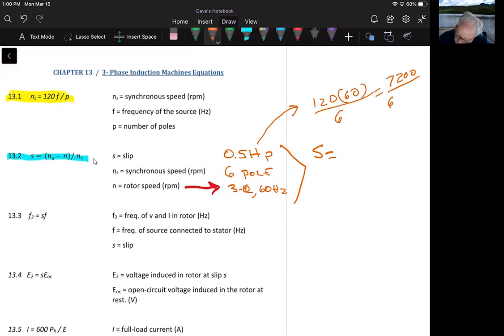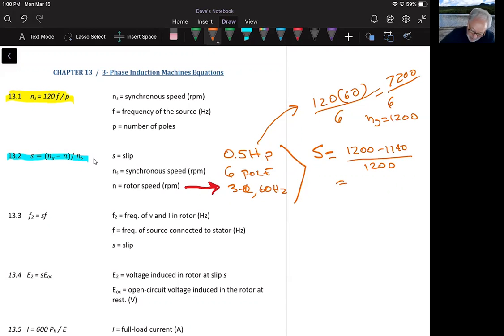And so the synchronous speed, n_s, is 1,200. So now I can plug in n_s is 1,200. The actual rotor speed is given to us as 1140. And then we divide that by 1,200.